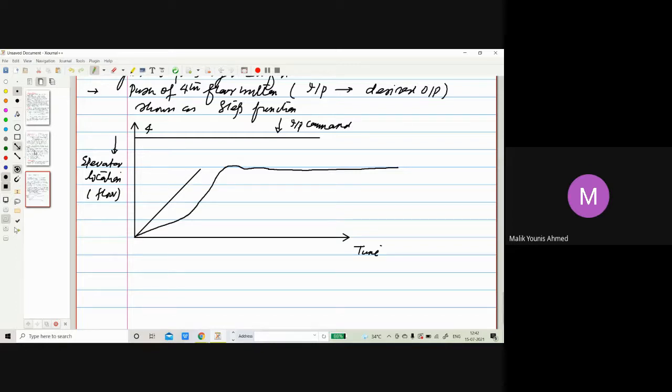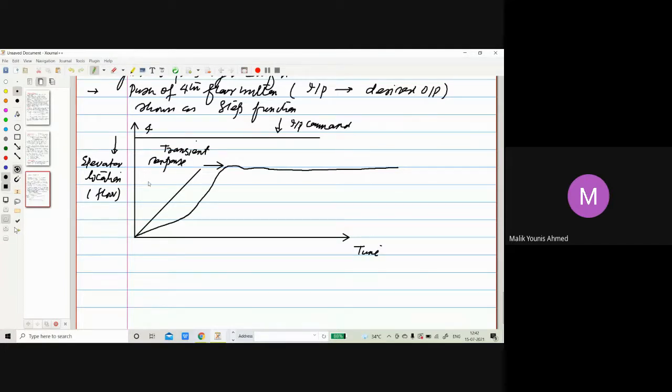If we talk about this here up to here, this is nothing but a transient response. That means the output is not settling at one place. It is still moving up to the fourth floor. This is a transient response.